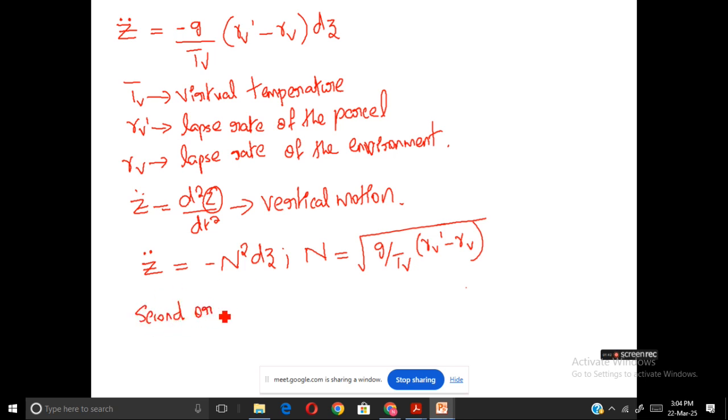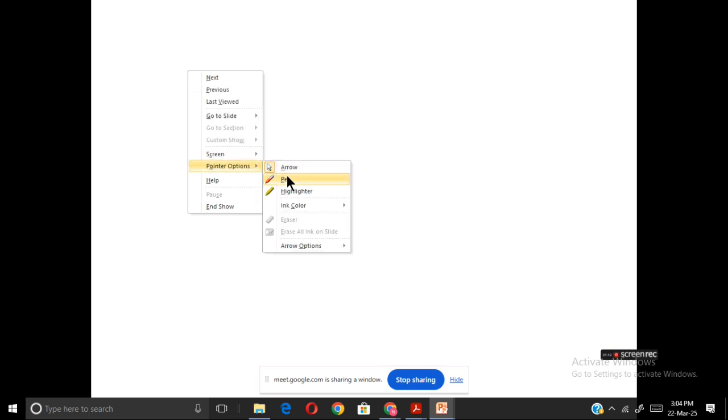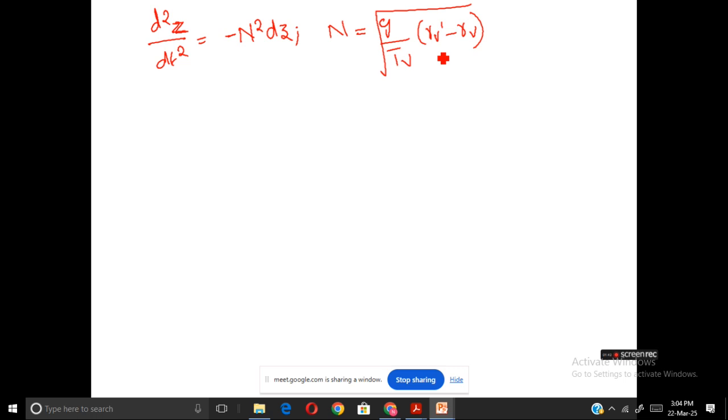This is a second order linear differential equation.